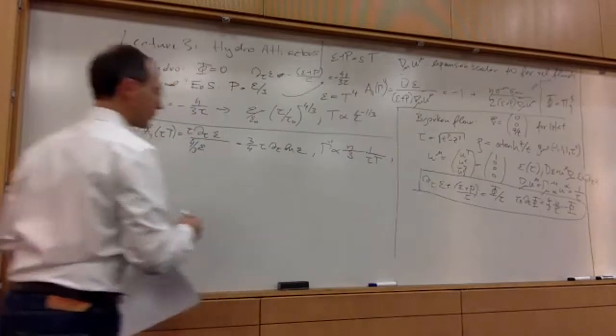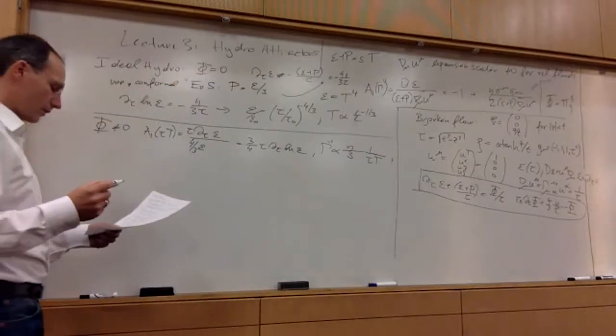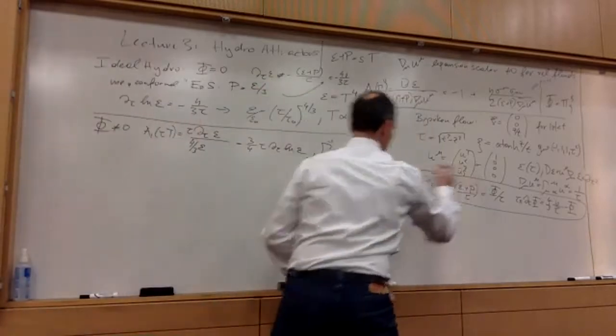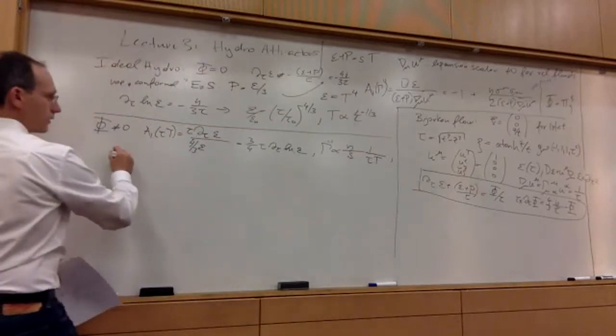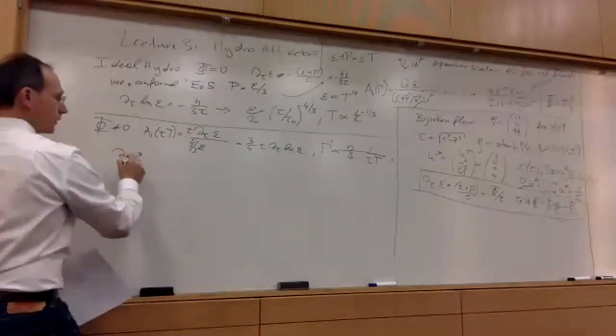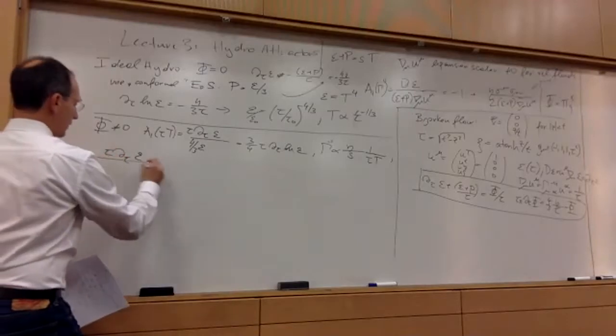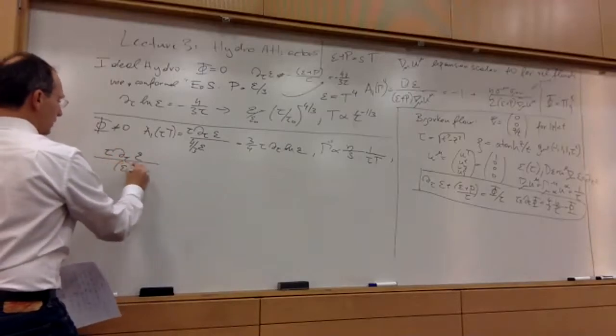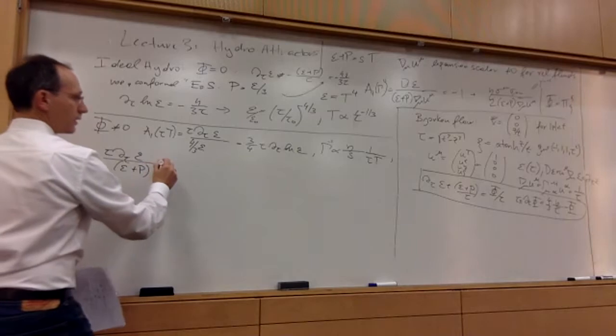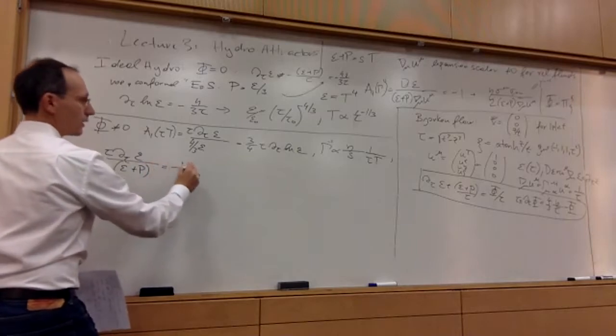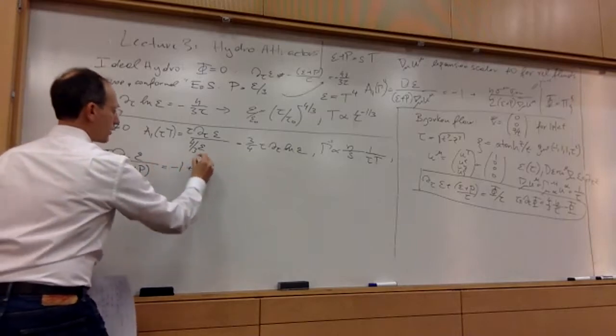Let's just copy this over, and I'm going to divide by, again, this argument here. So we'll find d tau epsilon times tau divided by epsilon plus p is equal to -1 plus phi over tau.